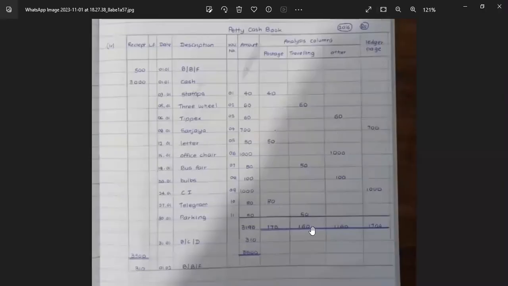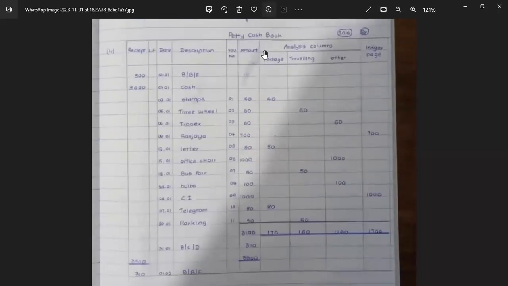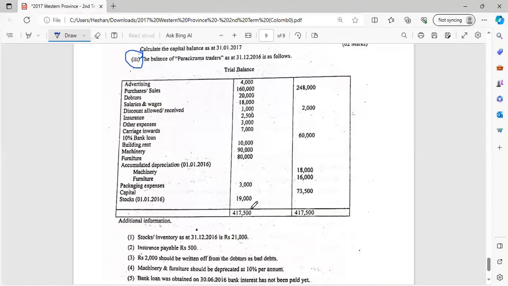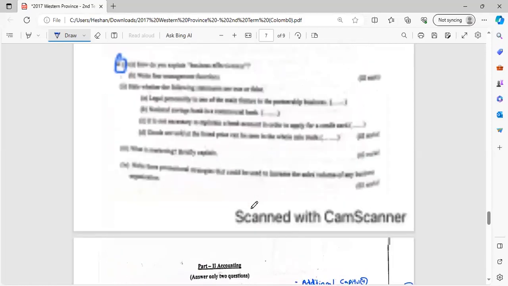So then these analysis columns and ledger account balance will change. So this total is correct. So you need to concern BBF 310, and again on February 1st you need to write cash book 3,190. It's enough.